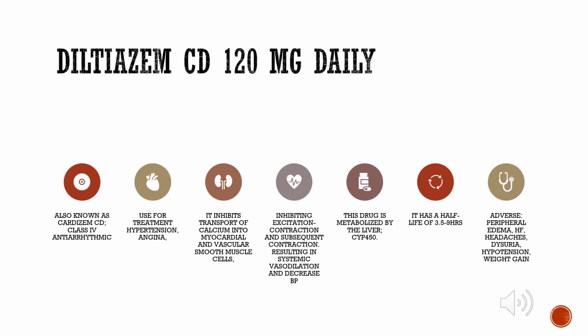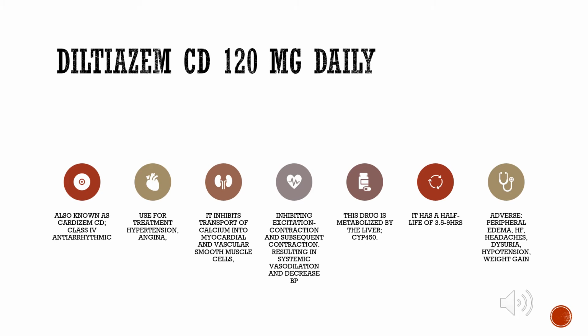Diltiazem is also known as Cardizem. It is a class 4 antiarrhythmic medication. It is used for treatment of hypertension and angina. The drug works by inhibiting transport of calcium into myocardial or vascular smooth muscle. It inhibits the excitation-contraction coupling, resulting in systemic vasodilation and decreased BP.